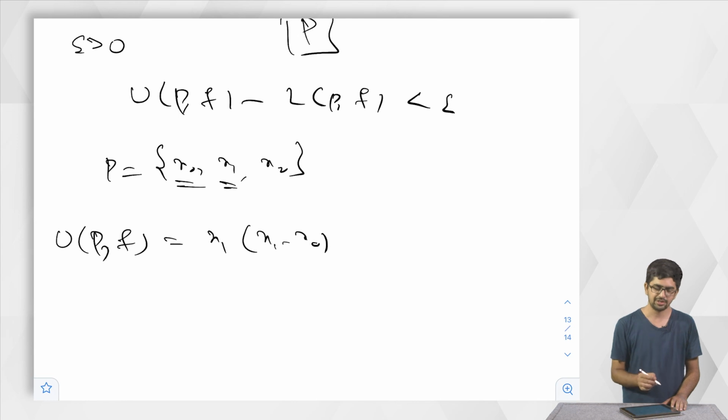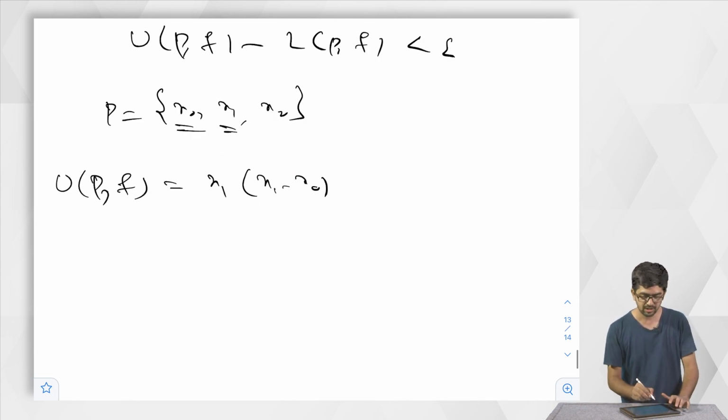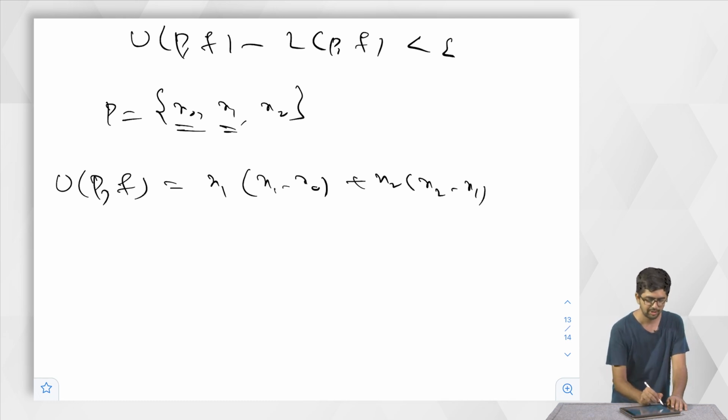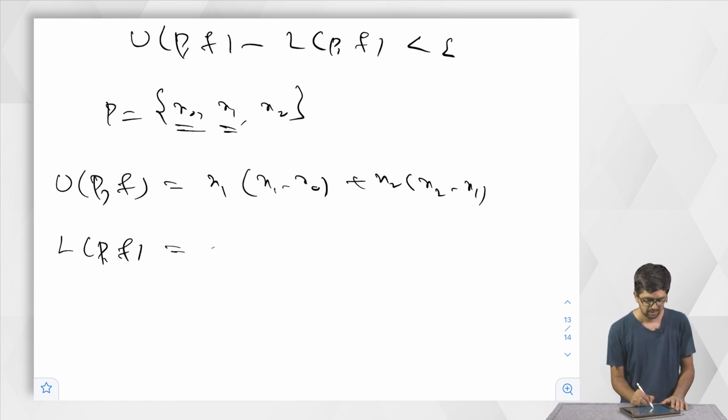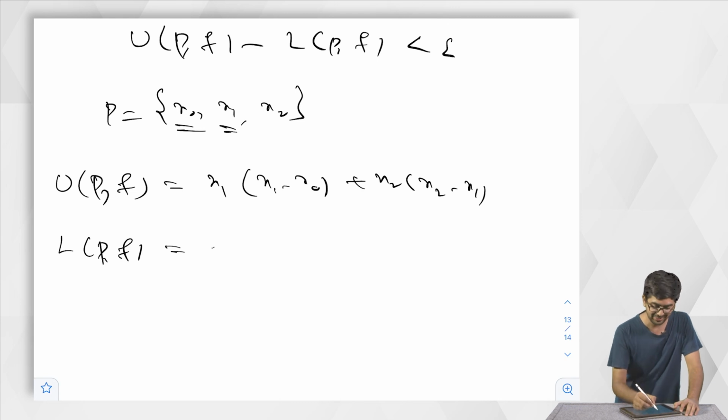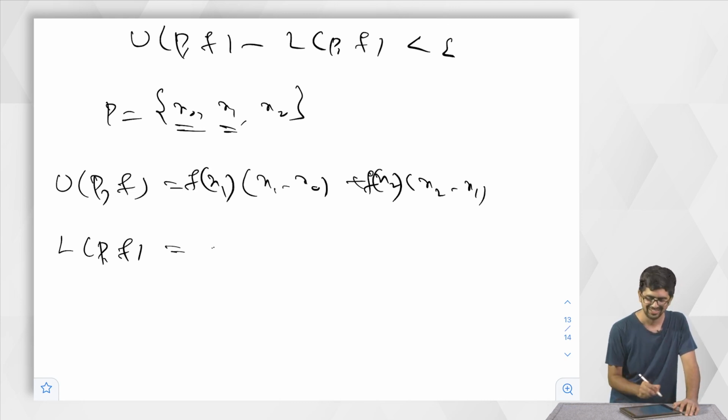Then I should consider f restricted to this interval and take the supremum. What is the supremum of that? It is increasing, so it is just x2 minus x1. What about L(P, f)? I should take the infimum, because it is increasing, so the starting point is the point of infimum. There is a small correction here. This is not the identity function. So what I can say is the supremum is f of x1, sorry, it's f of that.